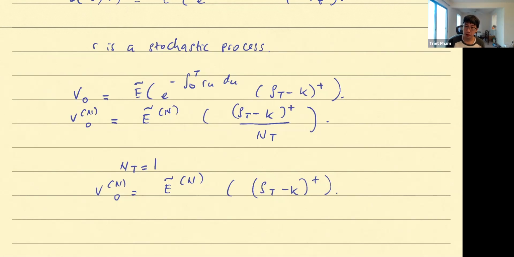So let me ask you this, right? Just in case, because again, if you're new to this, you don't know how to think. Can I just use the cash? I mean, $1 right now will end up as $1 in the future, right? So can I just use the cash process? In other words, N_T is identically 1. That sounds very weird, right?